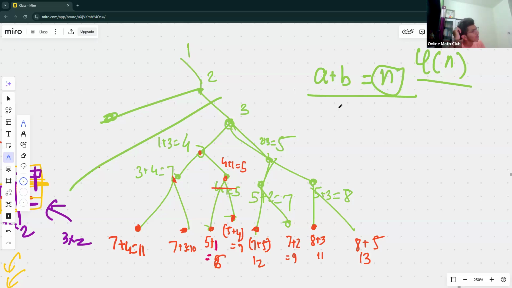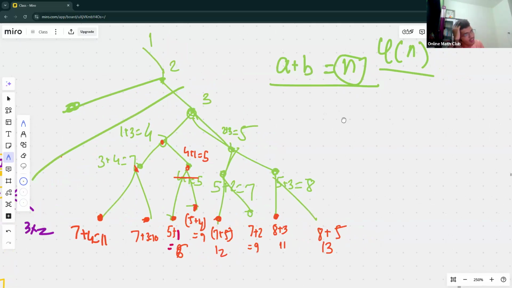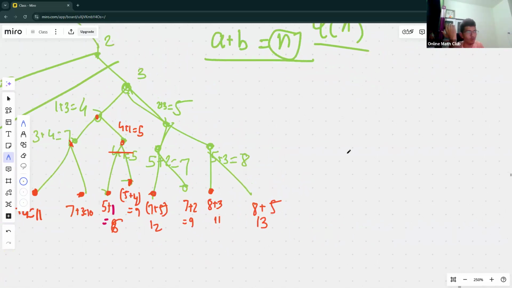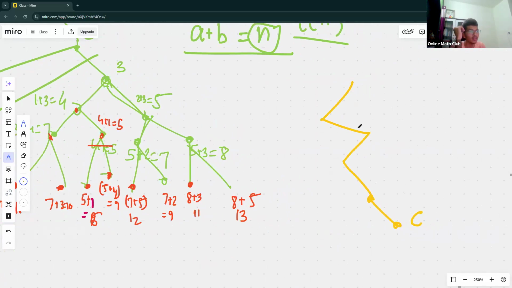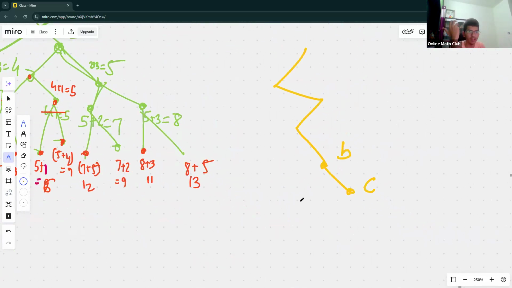Suppose, okay, there are two ways to do that. Suppose two numbers are not coprime. Okay, so we will change colors so many times. Suppose we have some staircase and this number, this C and this B. Now, if they are not coprime, C is B plus some number A, correct?